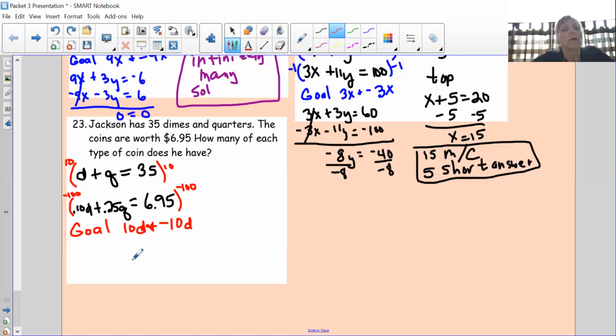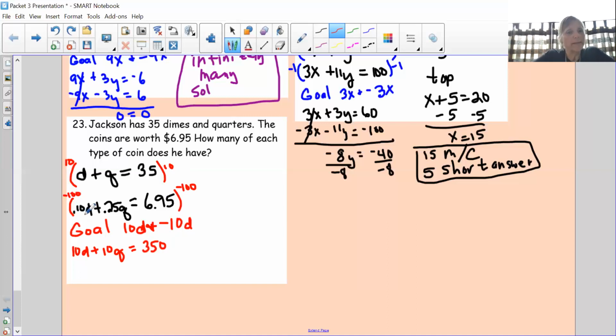Okay, so here I go. 10 times D is 10D plus 10Q. And 35 times 10 is 350. Okay, if I multiply by 100, I move the decimal.